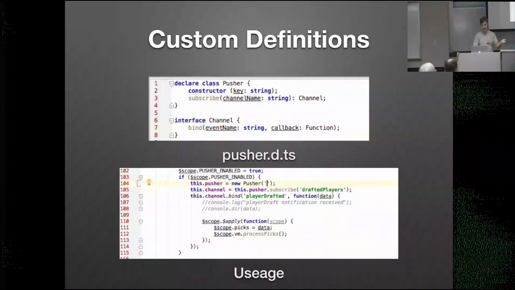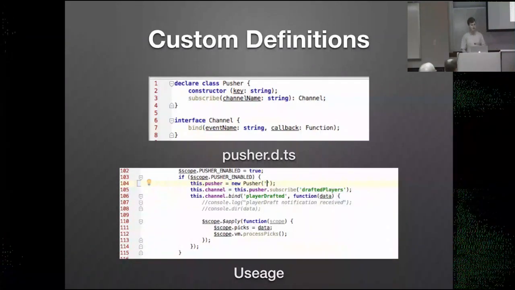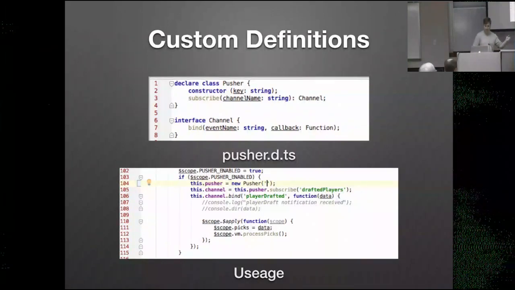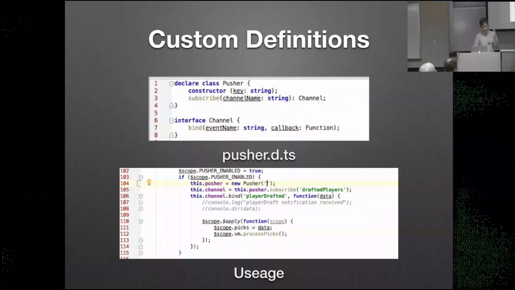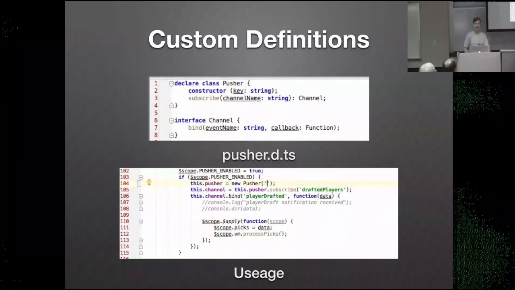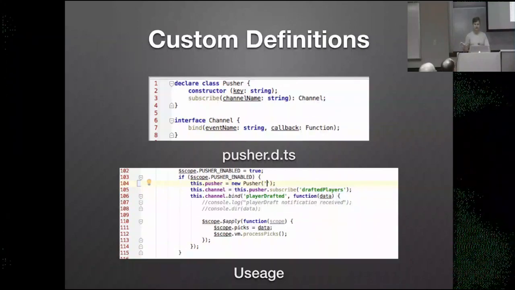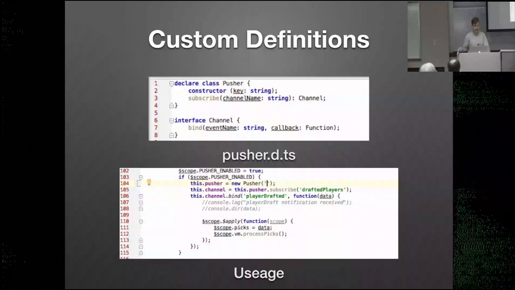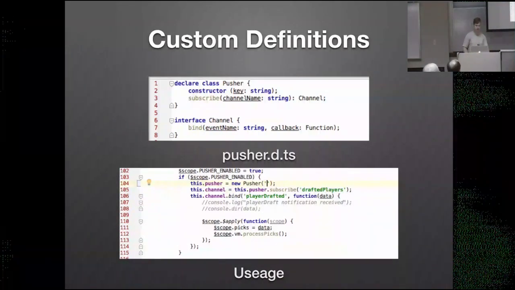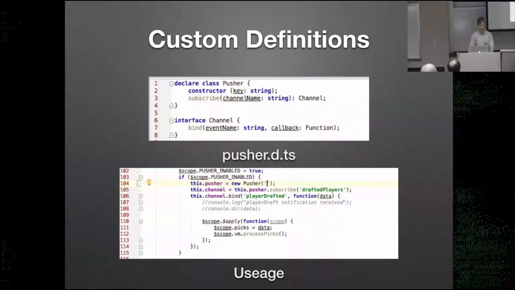And then I had the interface channel, which provides the bind method, which takes in an event name that's a string and a callback function. And so I just defined that in my pusher.d.ts file, included that in my references TypeScript file, which I'll show in a second, had all my library references in it. And then I was able to use it, as you can see in the code sample down below.